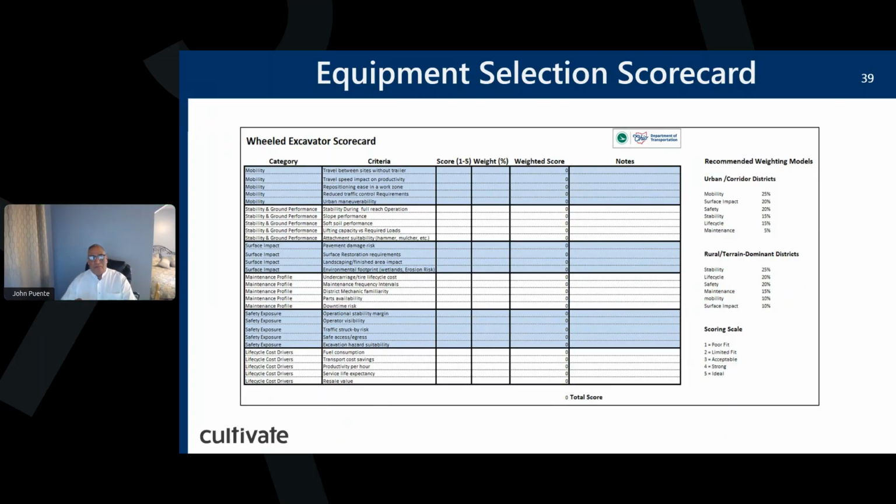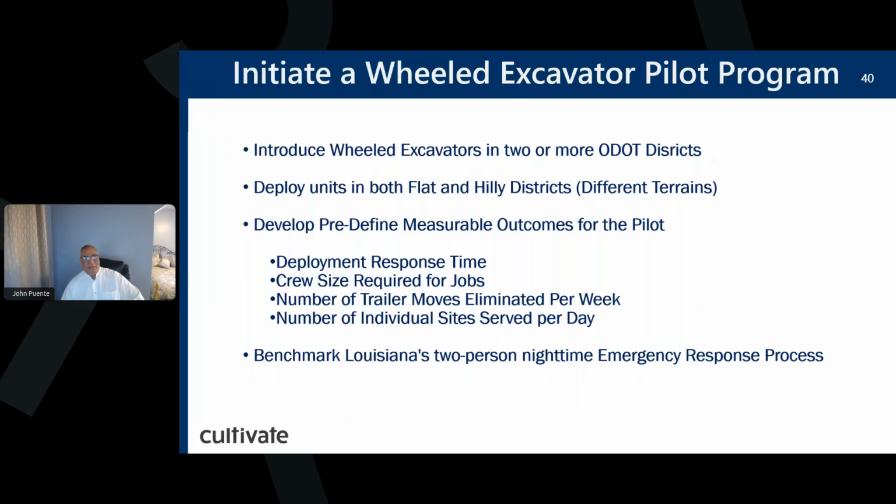Because remember, you're looking at different concepts when it comes to utilizing tracked excavators as opposed to wheeled excavators. That decision tree asks you about what type of excavation you're doing, what kind of terrain you're on, are you in an urban area, and so on and so forth. So these two tools combined will actually help you to make your decisions, as well as what we recommended for ODOT.